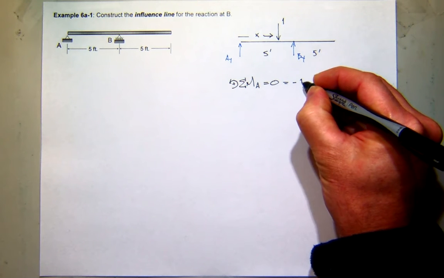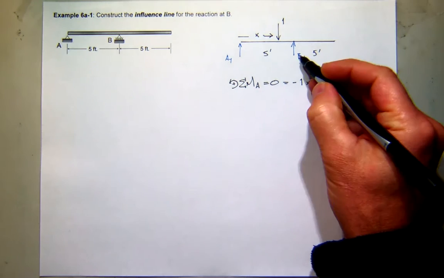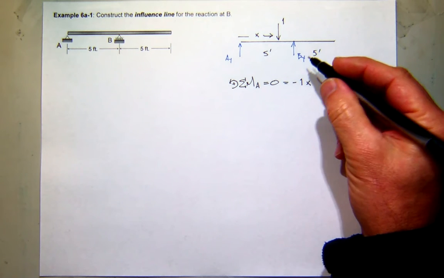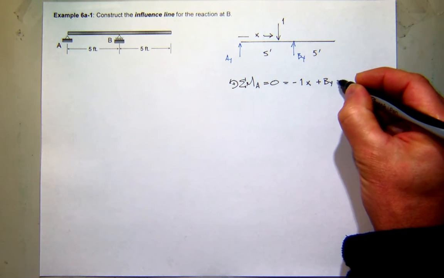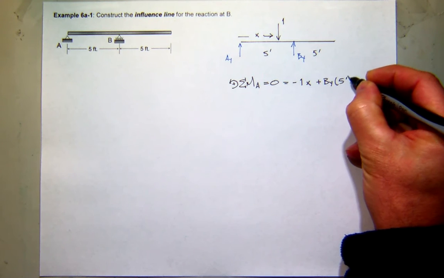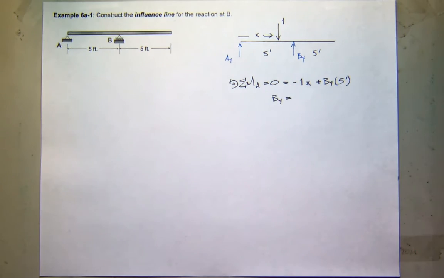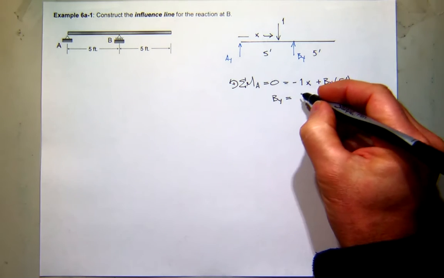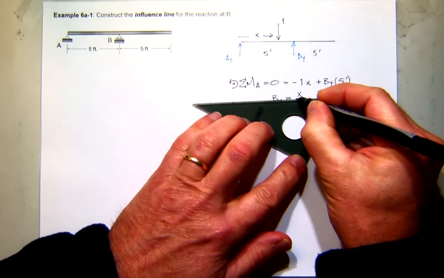So the value is 1 and the distance is x. And then By reacts. What kind of moment is that? Positive. And that's By times 5 feet. So let's solve for By. What's By equal to? It looks like it's x divided by 5.